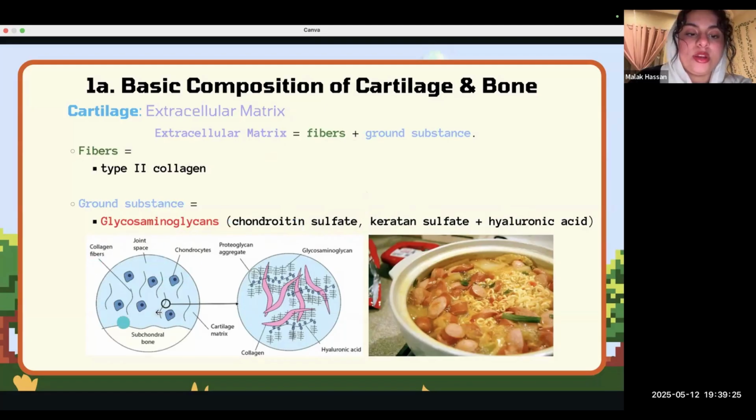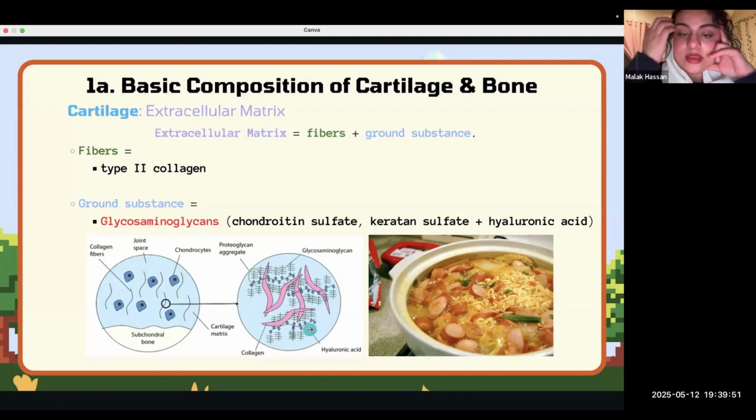So here we have the cartilage. You'll have the collagen fibers, the chondrocytes, and the light blue is all extracellular matrix or ground substance, okay? So if we take the ground substance and we zoom in on it, we're going to see the glycosaminoglycans.